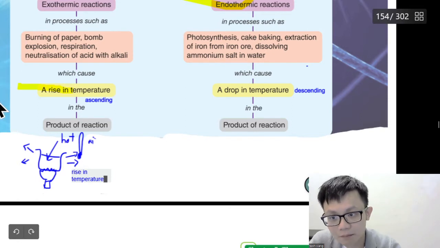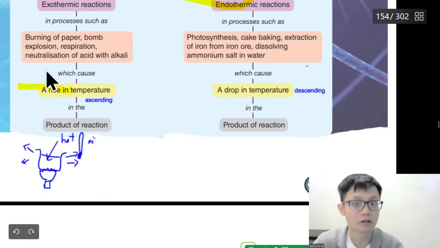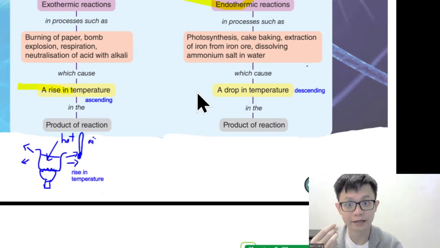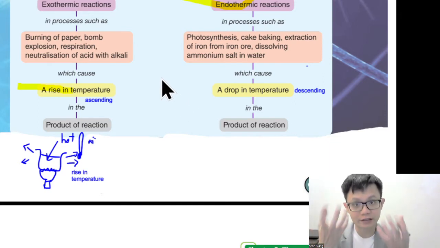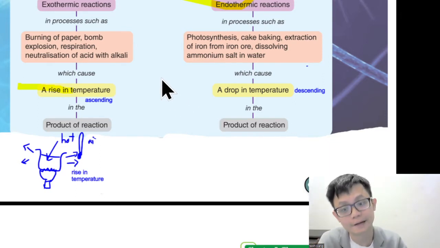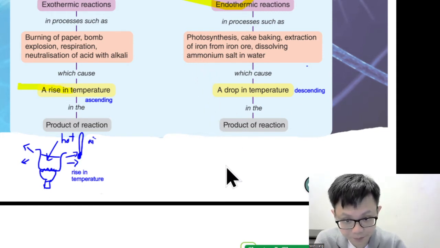Okay, let's say I want to make the water become ice. How to make the water become ice? You put the water in the refrigerator, right? If you want the water to become ice, you just put it inside the refrigerator. So what happens when you put it in the refrigerator?